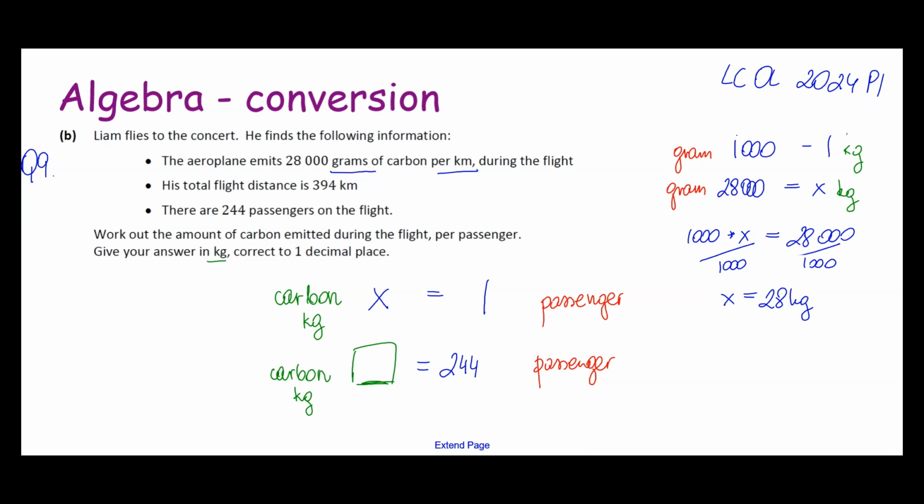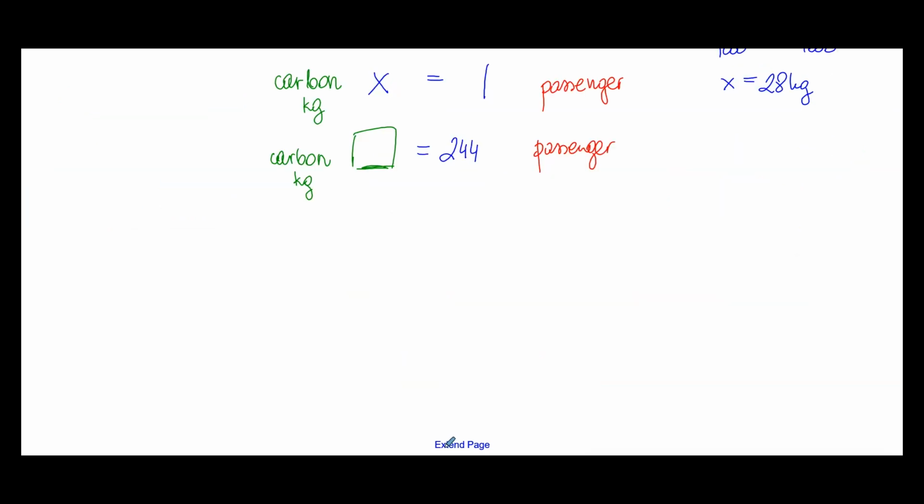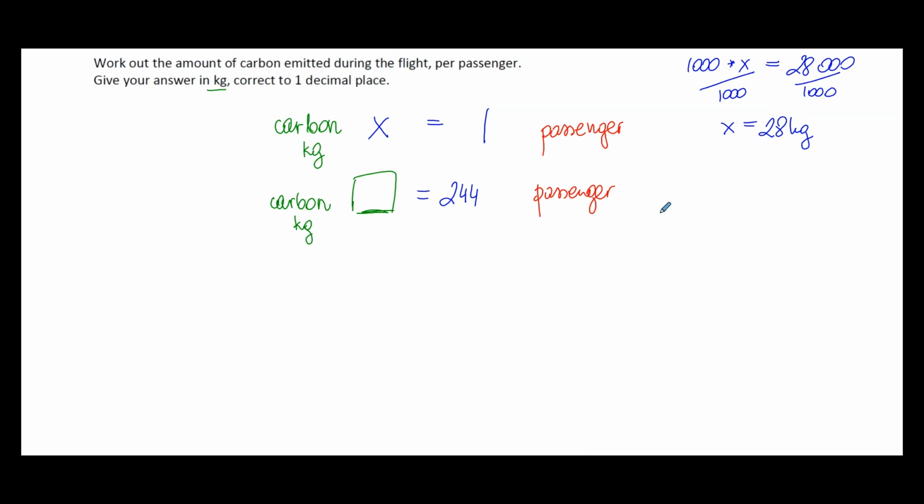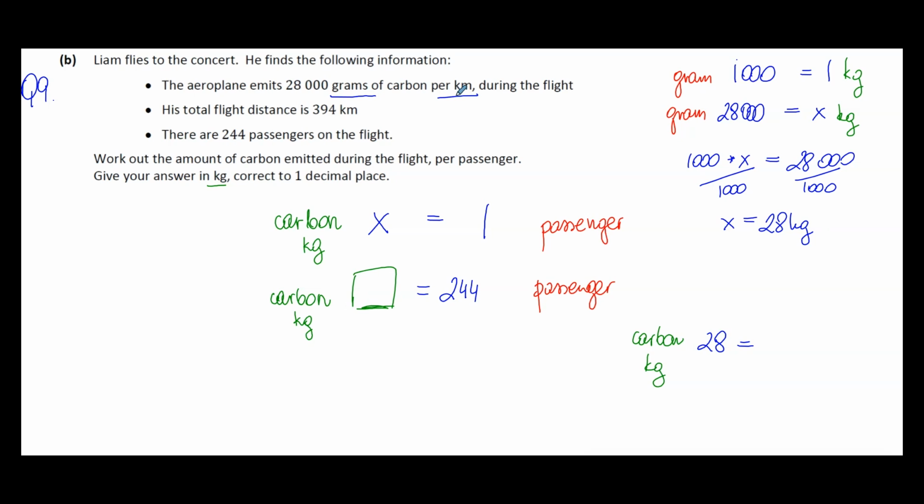So what I've calculated at this moment is that carbon in kilograms is 28, and that is per 1 kilometer of flying.